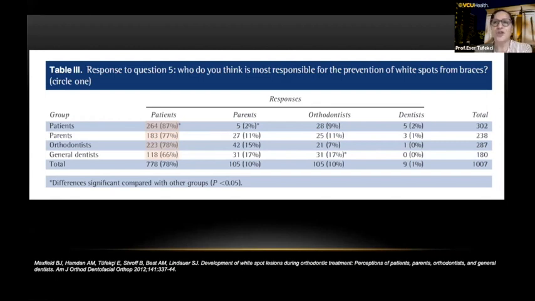However, only 66% of general dentists thought that patients were responsible. They thought that both parents and orthodontists were equally responsible. I think this is important because it puts us on the spot, being clinicians and being basically responsible for the prevention. We need to do something more than we do actually.